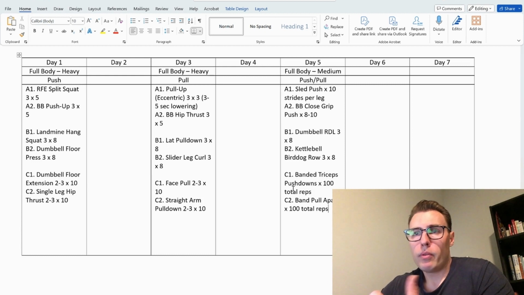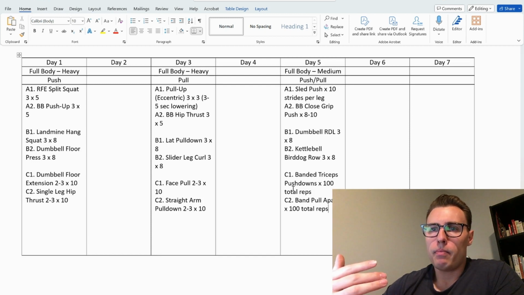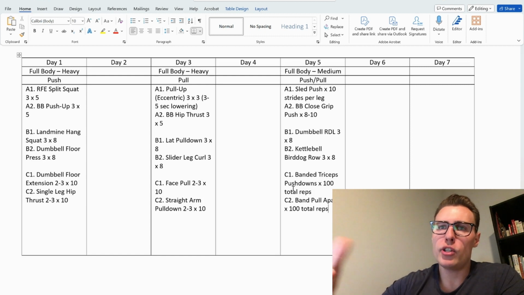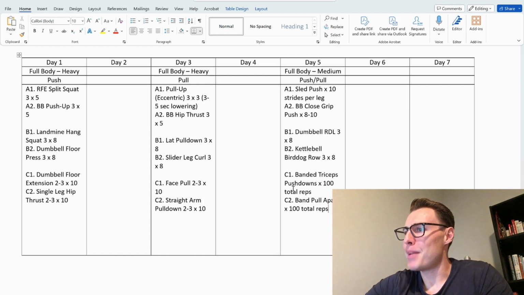They could do 30 and 30, they could do 40 and 40. They could divide it however they want, but I want them to complete 100 of each in no more than 4 total sets. So that's an amazing upper body burnout as well.